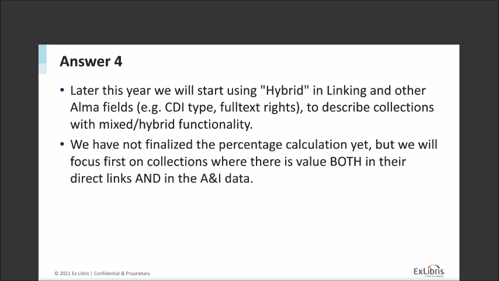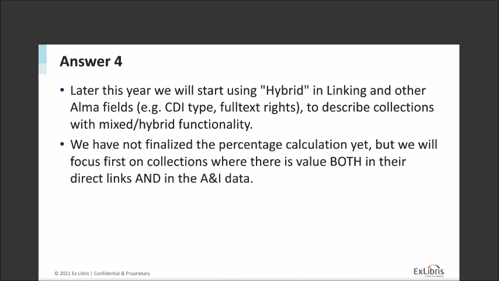So for this reason, we will try to use the hybrid functionality, and here I am answering the first question. So the CDI fields of CDI type, full text rights, and linking will have the value hybrid. Okay. If now, for example, in linking we have two types of linking methods, link resolver and link in record, we will have a third one which is hybrid.